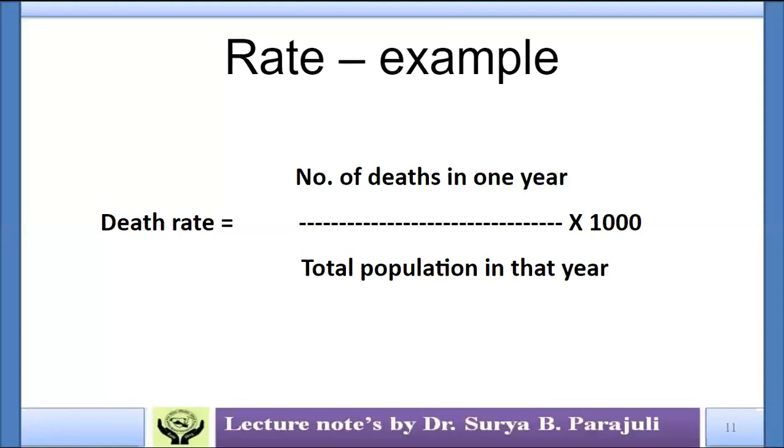So we can express it as either 1000 or 10,000 or 1 lakh. So why 1000 or 10,000 or 1 lakh? If you get a very small value, like 0.000, then you need to multiply with 10,000.